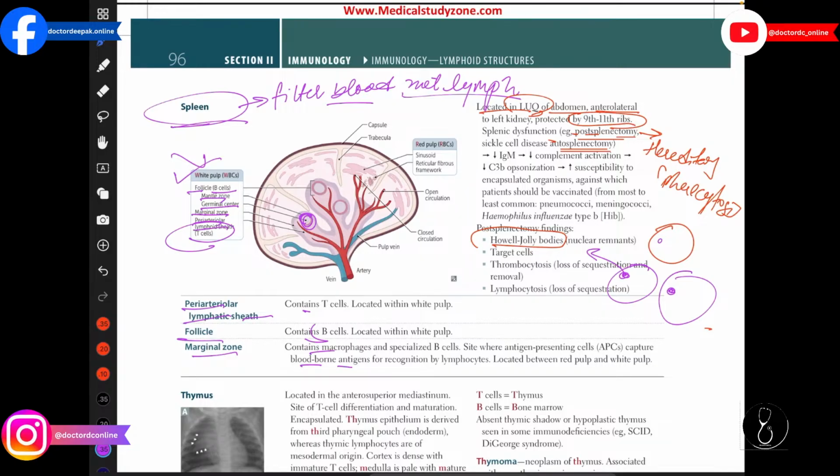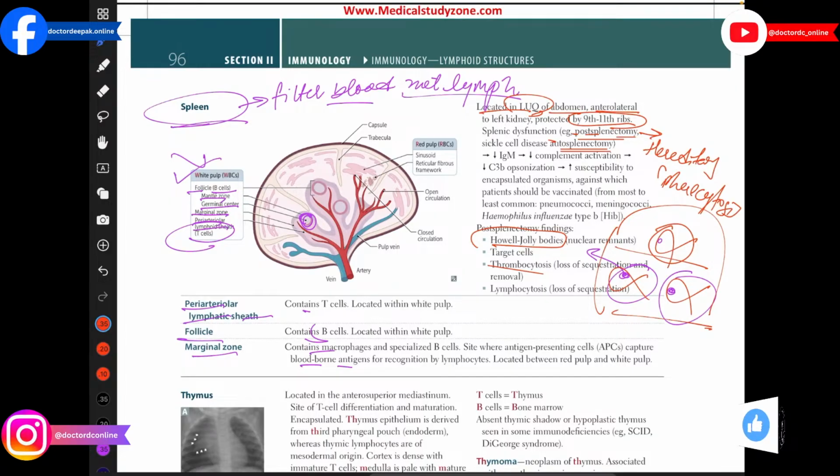If the spleen is working well, it will automatically destroy these cells. But now these cells are present in the peripheral smear, and you will see the Howell-Jolly bodies. Thrombocytosis: why? Because the spleen stores and regulates circulating platelets.